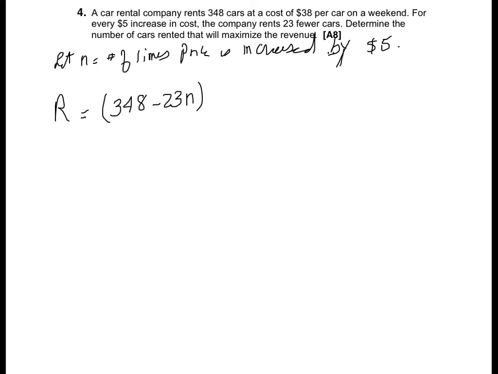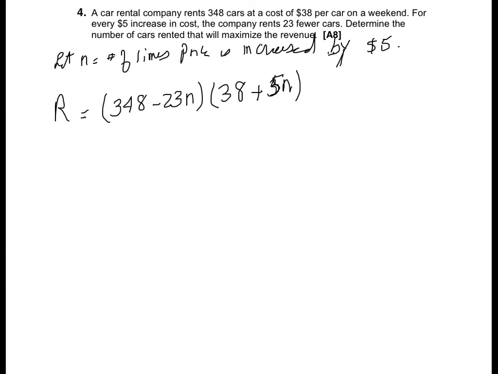Then we are going to multiply this one by the rental per car. We know that every car is rented for $38. Now if we increase the price by $5 every time, the price of every car is going to be 38 plus 5n. If again n is 0, then the rental is $38.